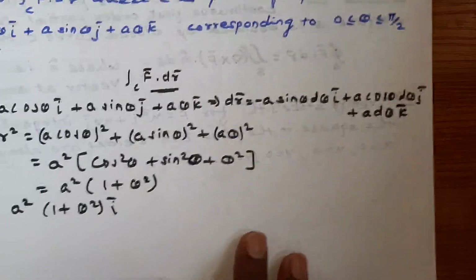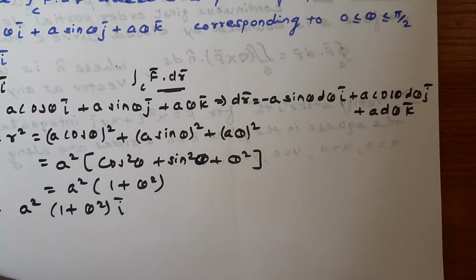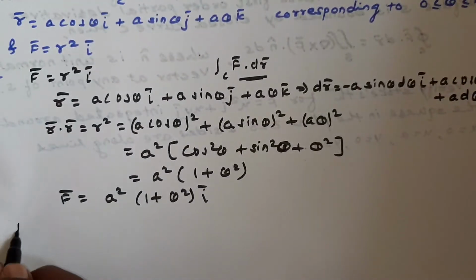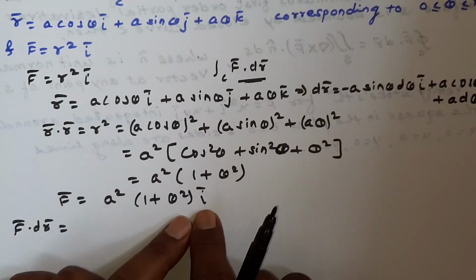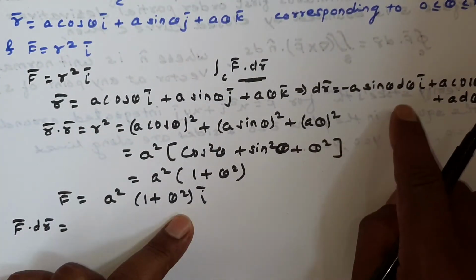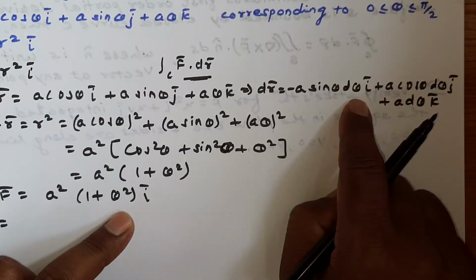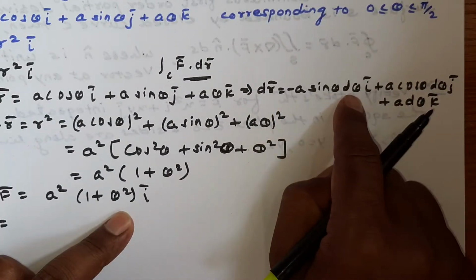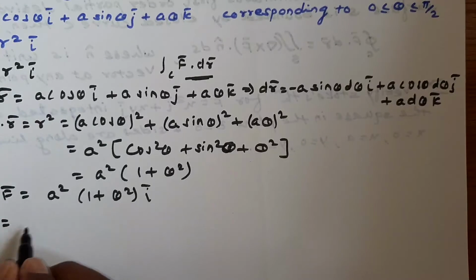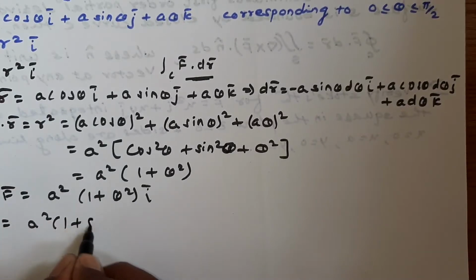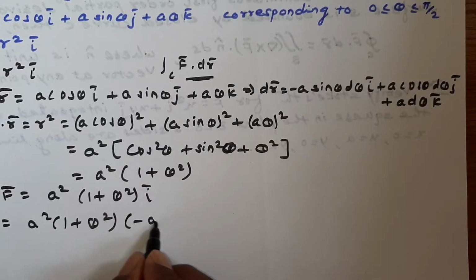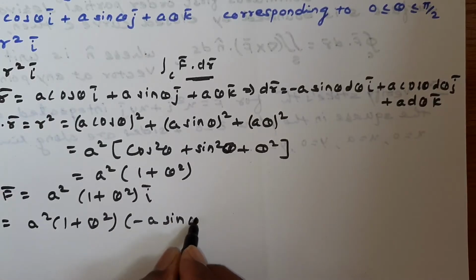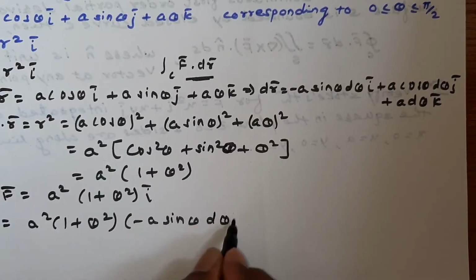Now take the product. Here see F bar dot dr bar. Only i bar is there in F bar, so I require only the i bar term from this dr bar, and it is minus a sin theta d theta. So take the product: a square into 1 plus theta square into minus a sin theta d theta.